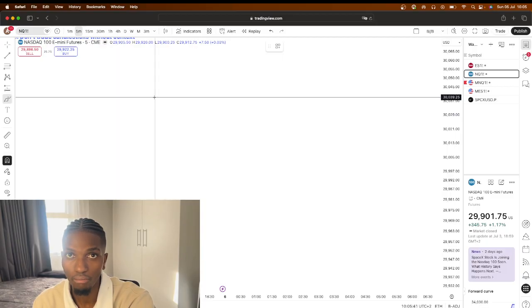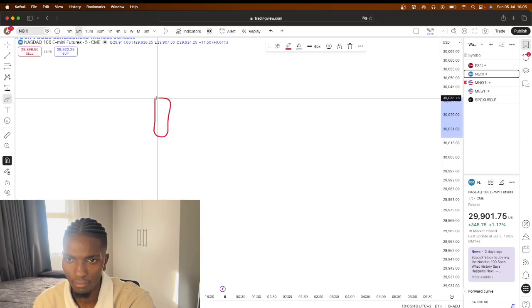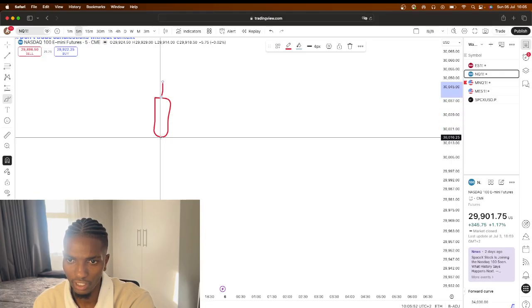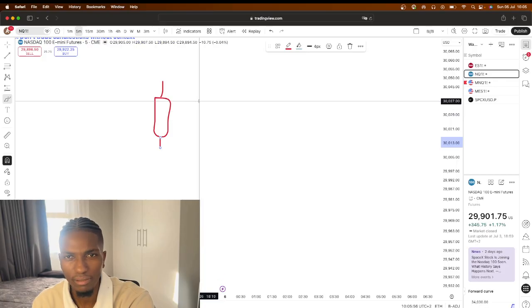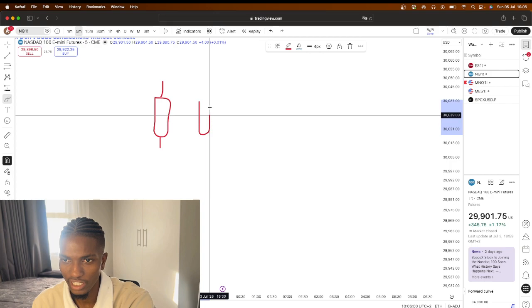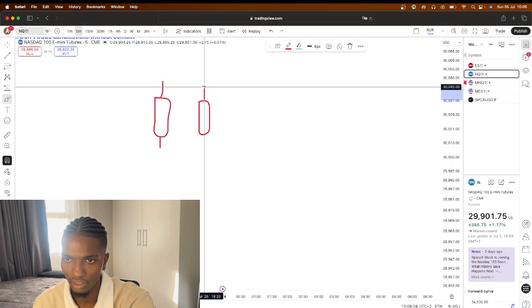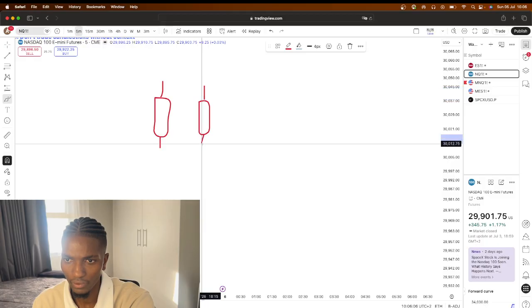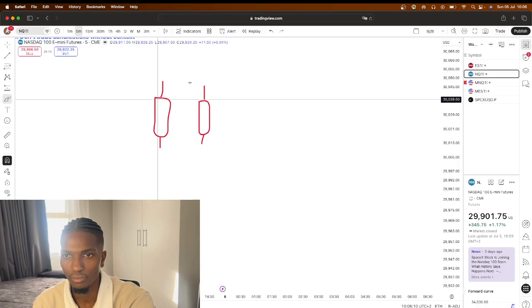For a bullish candlestick, this is what it looks like, right? Then we have that, and we have this, right? Bearish, same goes, but you will see that there is some difference on how you read them, right? So now let me separate them a bit.